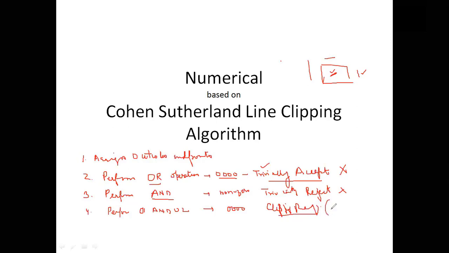When clipping is required, we have to calculate the intersection points across the edges. For example, if this is the line, then these intersection points have to be calculated. This was basically the Cohen-Sutherland line clipping algorithm. Once these steps are over, we re-execute the algorithm for the remaining part of the line.